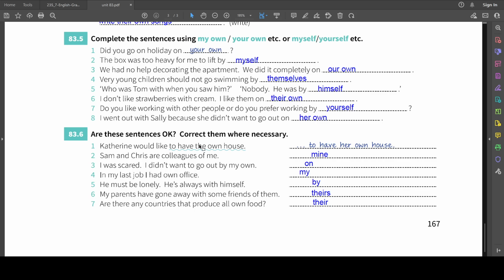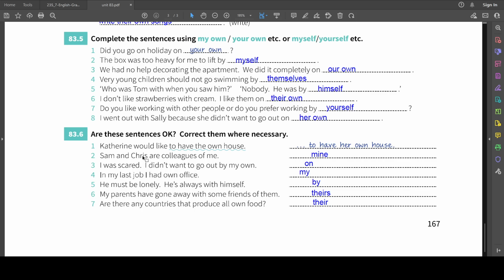We have to write her instead of them. We have to replace. So Sam and Chris are colleagues of me. That's wrong. The correct answer is Sam and Chris are colleagues of mine. We are talking about possession.